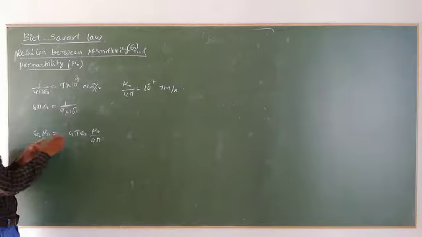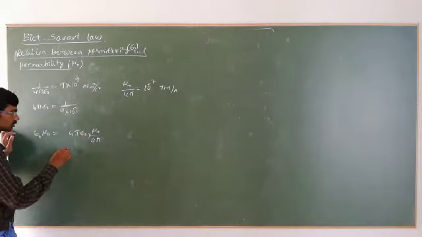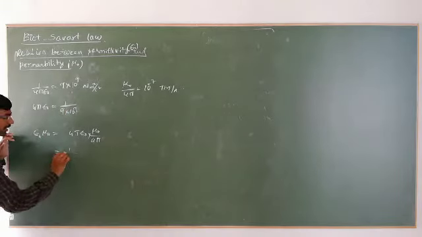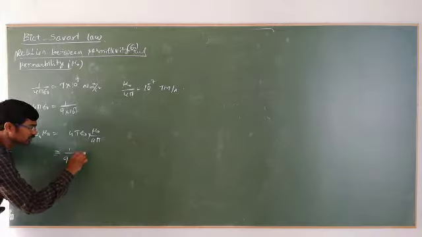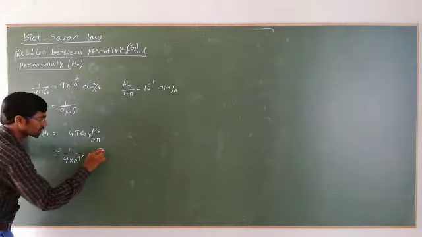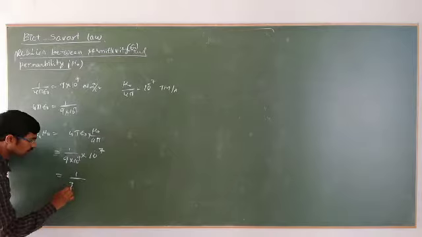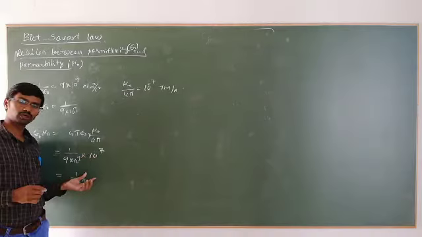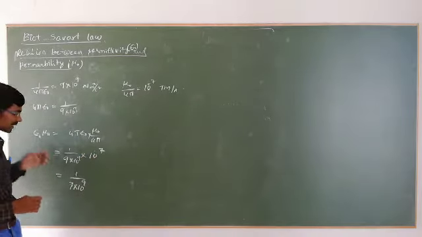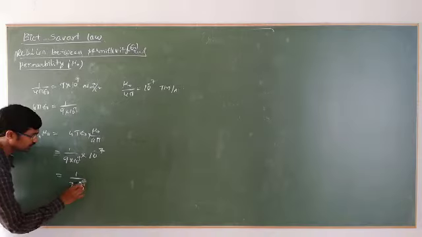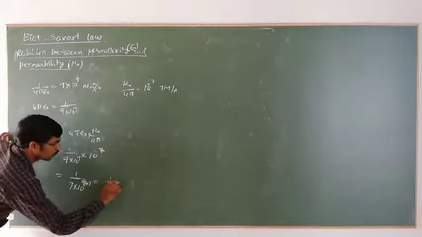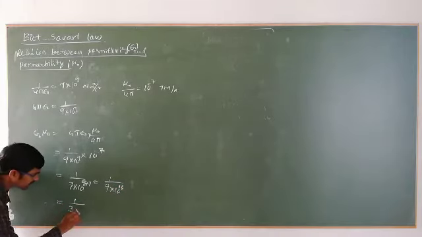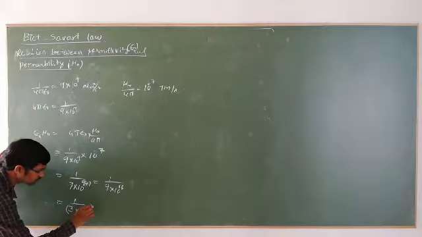What is 4 pi epsilon naught? 1 by 9 into 10 power 9, into 10 power minus 7. If 10 power minus 7 goes to the denominator, it becomes plus 7. Then 9 plus 7 is 16, so 1 by 9 into 10 power 16, which we can write as 1 by (3 into 10 power 8) whole square.